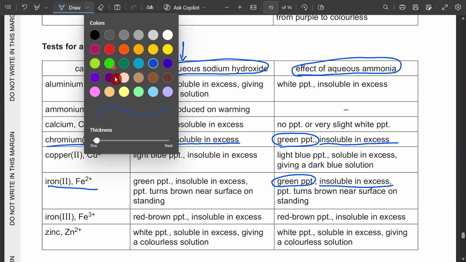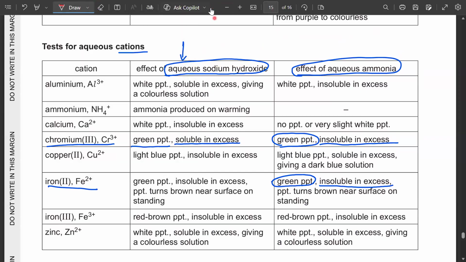However, with the iron 2 plus, if you perform the same test, you will find it insoluble in excess. So this is the difference between the two cations. The green precipitate will be dissolved in excess, but in case of iron 2 plus, it will be insoluble. It will not be dissolved.